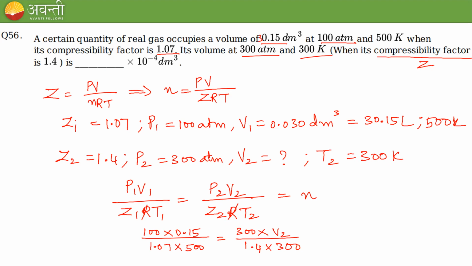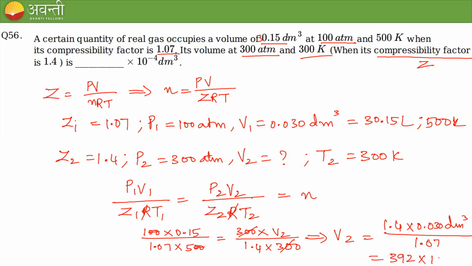So on cancelling everything here, we get V2 as 1.4 into 0.030 decimeter cube divided by 1.07, and it will be equal to 392 into 10 to the power minus 4 decimeter cube. So this is your final volume V2.